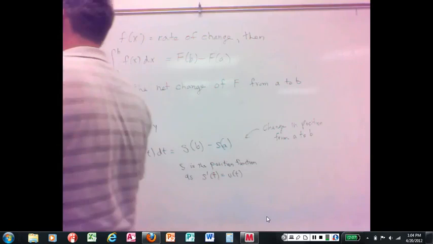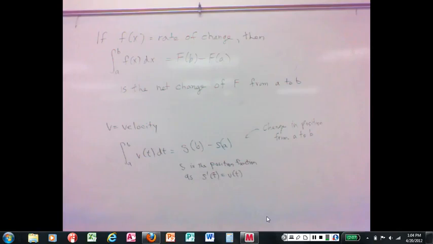Now, one other note here: if we think about how far the car, the object, travels, does it actually tell me how far the car has traveled? Yes and no, because think about it. Let's say it's the velocity of a car.